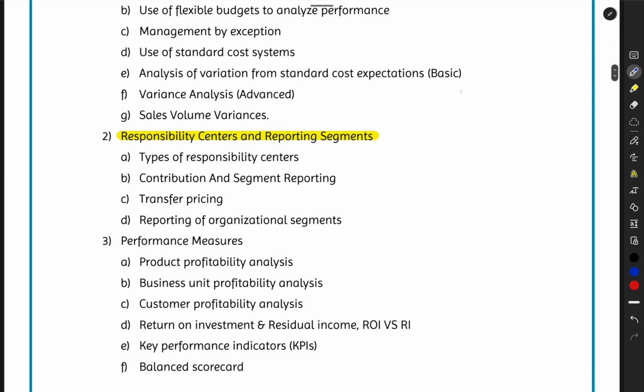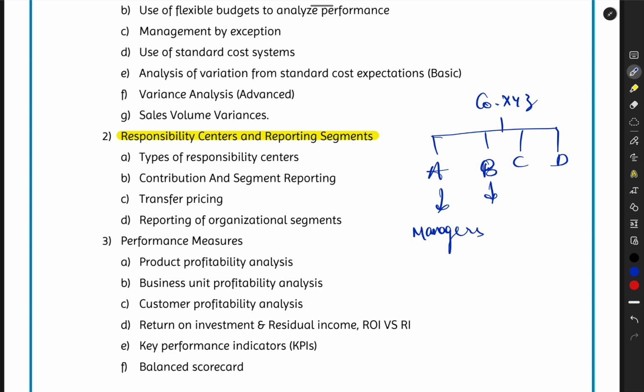Sir, if suppose there is a company called company XYZ, this has different branches in different countries: country A, country B, country C, country D. 4 branches are there. Now let's say entity A and entity B in country A and country B, these two have separate regional managers, but entity C and D are managed directly by the head office.